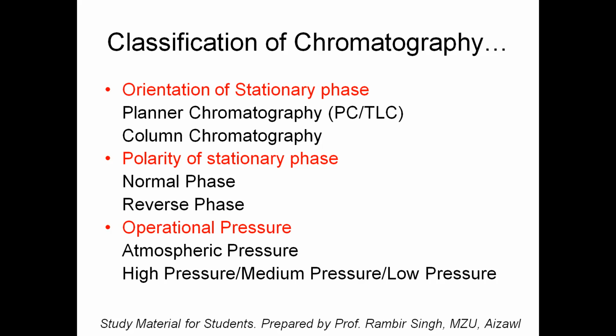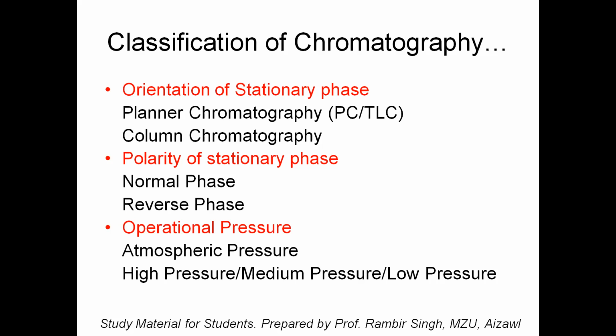He might have used water, but if you use calcium carbonate as a stationary phase and water as a mobile phase, then water will dissolve the calcium carbonate. What problem will you have?